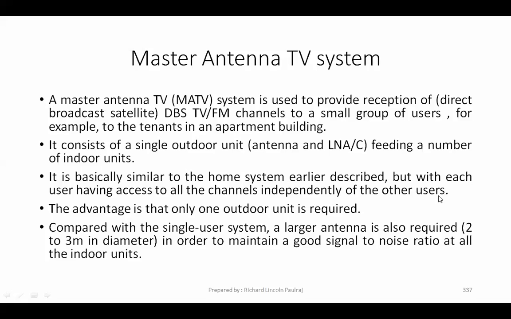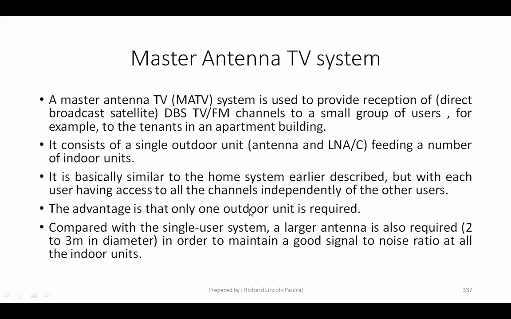Here you will have your own receiver, and all the channels are subscribed, and everybody will have access to all the channels. But previously, as we saw, just a set of frequency is taken, and accordingly the tuning is done.